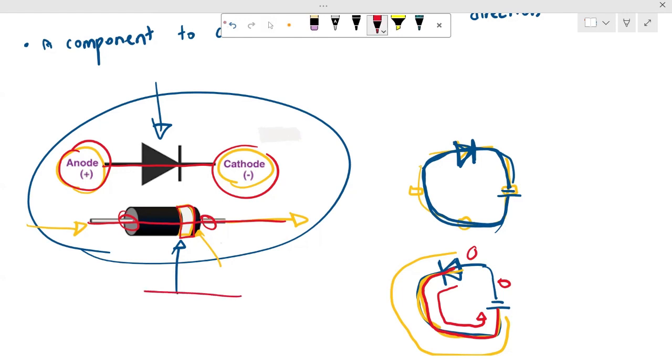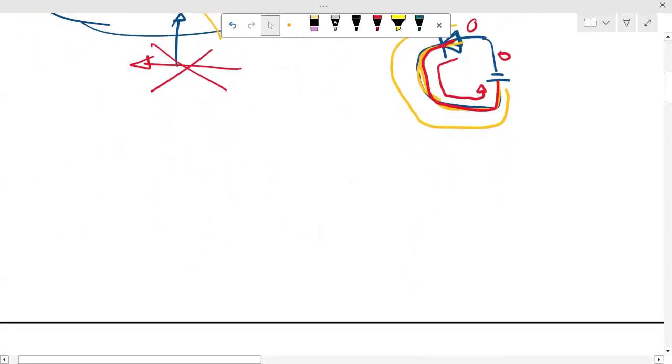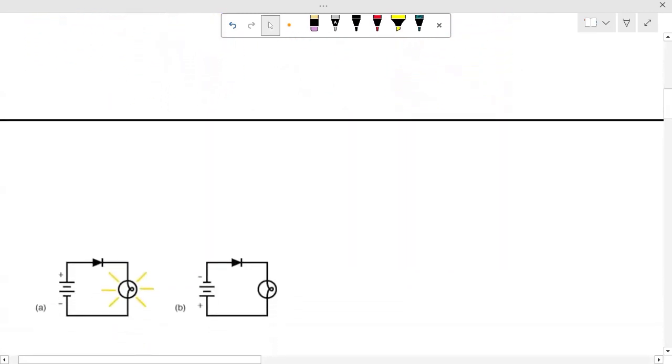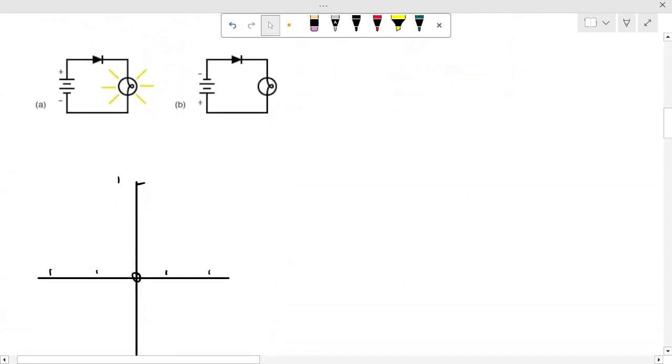It cannot go the other way. As shown before, this is an image of how a diode would work in a circuit.